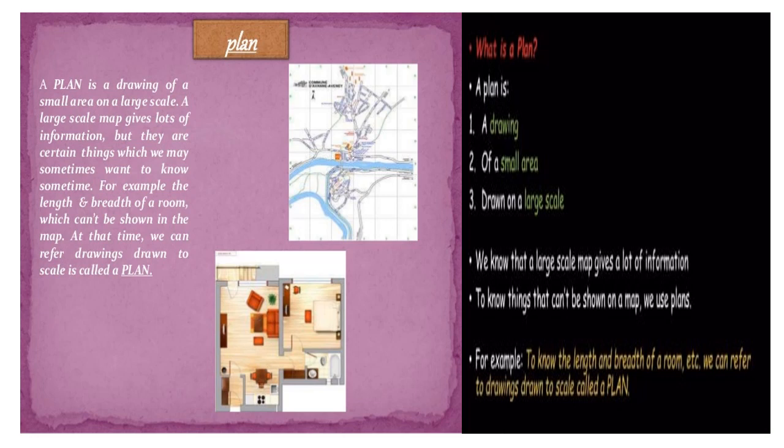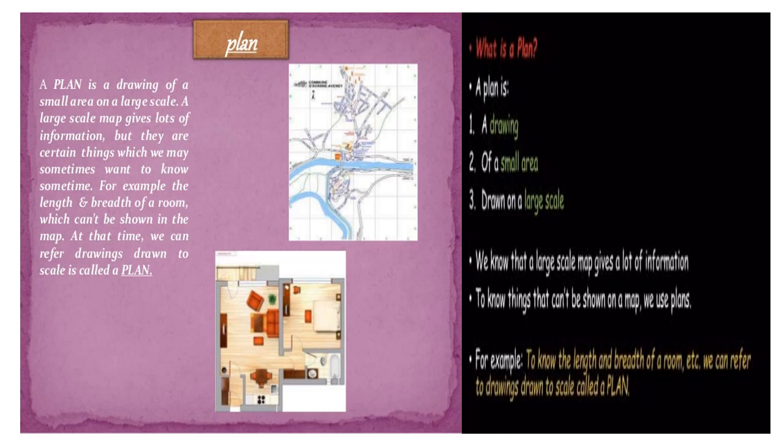Now what is a plan? A plan is a drawing of a small area drawn on a large scale. So this is a plan. Many of you must have seen, or you can request your parents to show you, that every house has a plan. It gives detailed information about the measurement of each room, where the balconies are placed, and where the doors are placed.